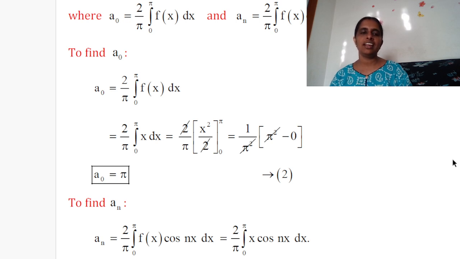Next calculate an, that is equal to 2 by pi integral over 0 to pi f of x cos nx dx. Here f of x is x, so x cos nx dx.